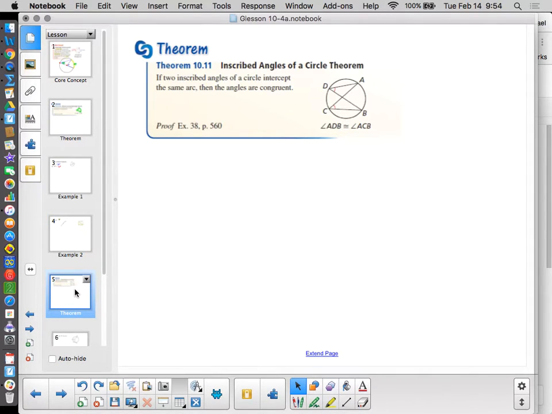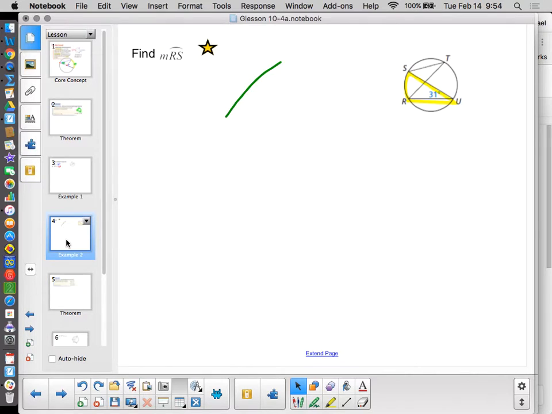Now, if I go back and look at that previous problem, I want you to notice something. Angle U is intercepting arc RS. So is angle T. If I look at angle T here, both angle U and angle T are intercepting exactly the same arc.